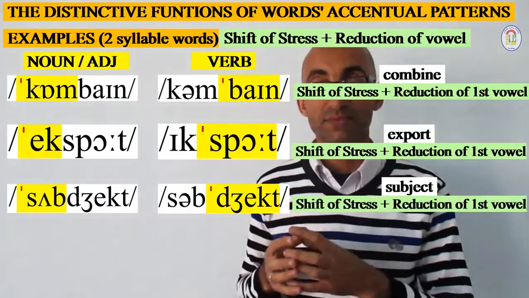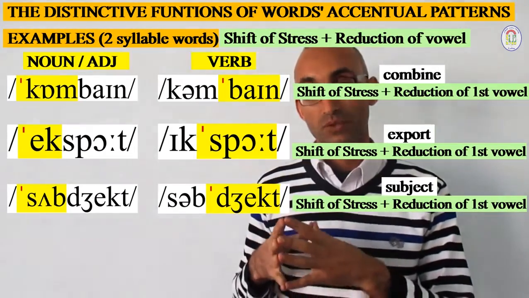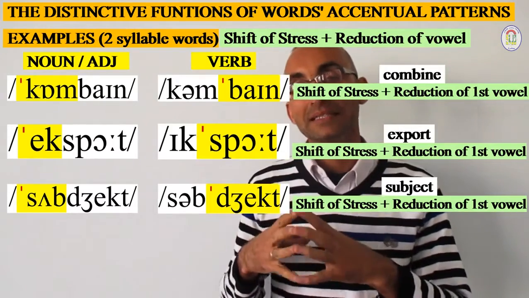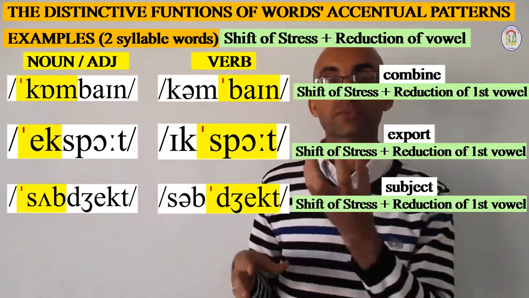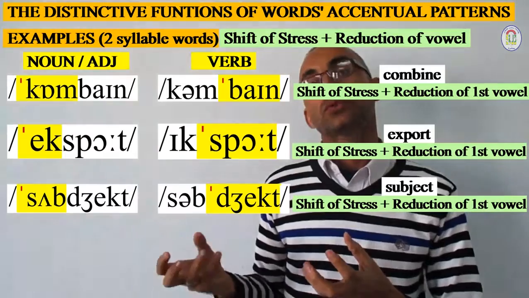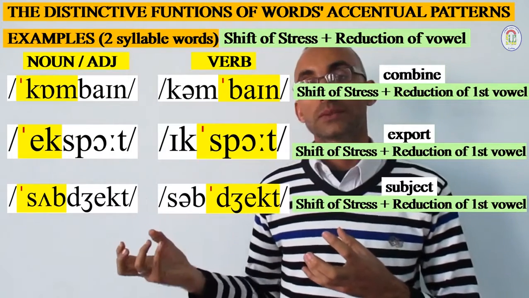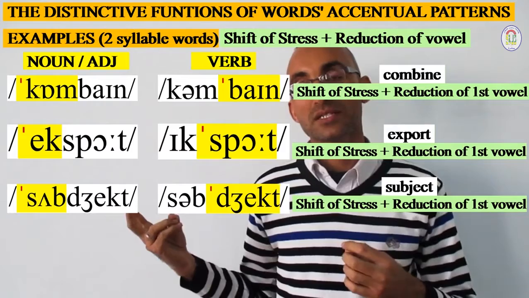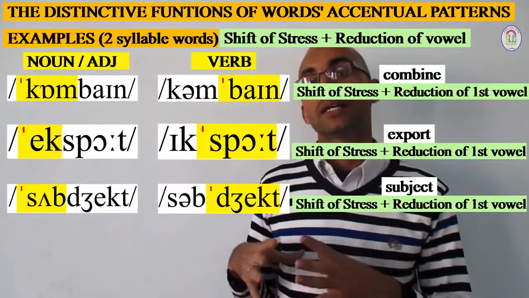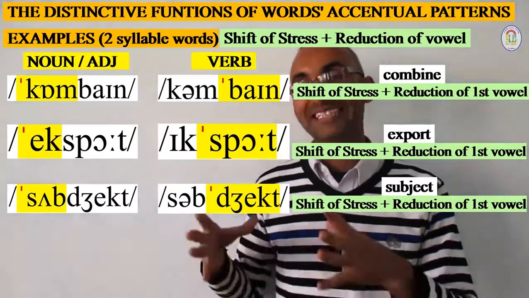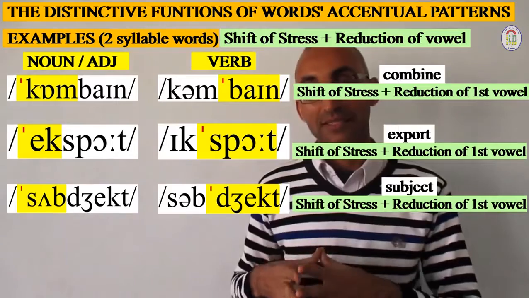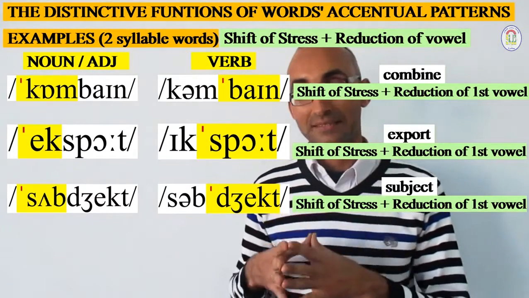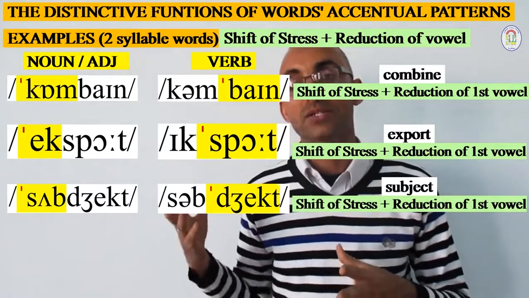And this change of stressed position from first syllable to the second syllable is accompanied by reducing the first vowel in this word a to schwa, subject. So these two related changes help me distinguish between subject as noun and subject as verb, clear, as a verb.